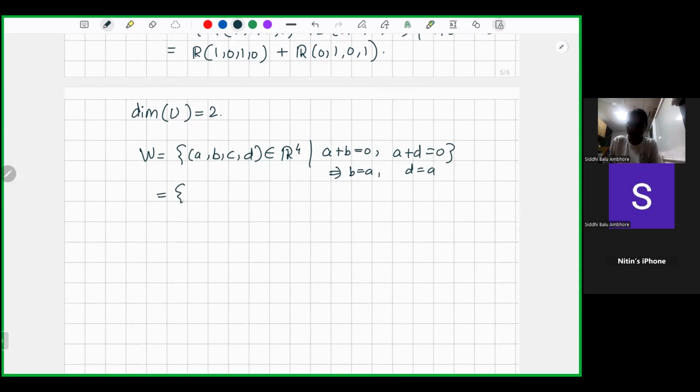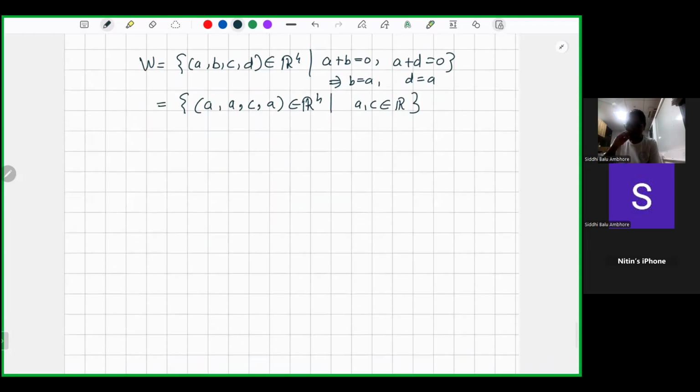Now this becomes this vector space: (a, b, c, d) with b as a, c as it is, d as a in R4, so that a and c are in R. This will give me something of this kind: a times (1, 1, 0, 1) plus c times (0, 0, 1, 0), where I'm just separating these two variables such that a and c are real numbers.